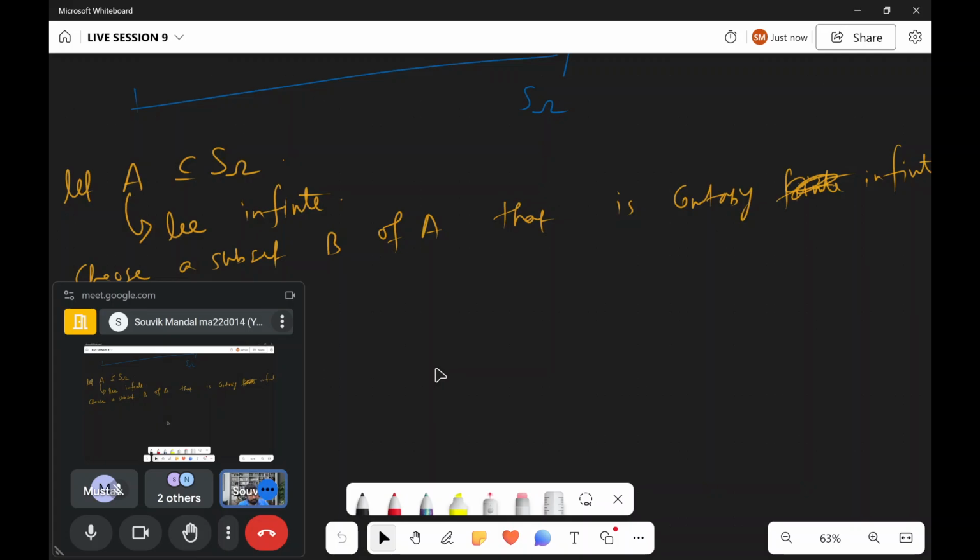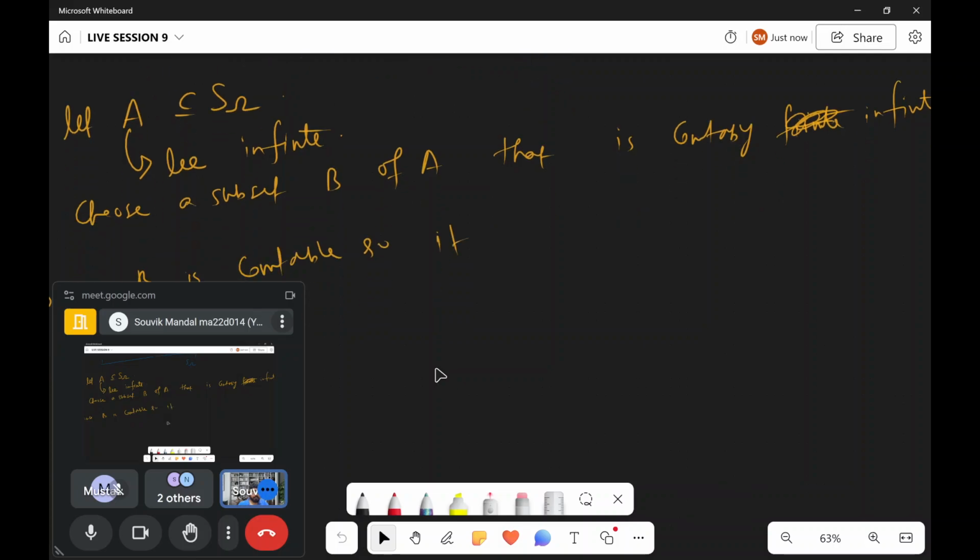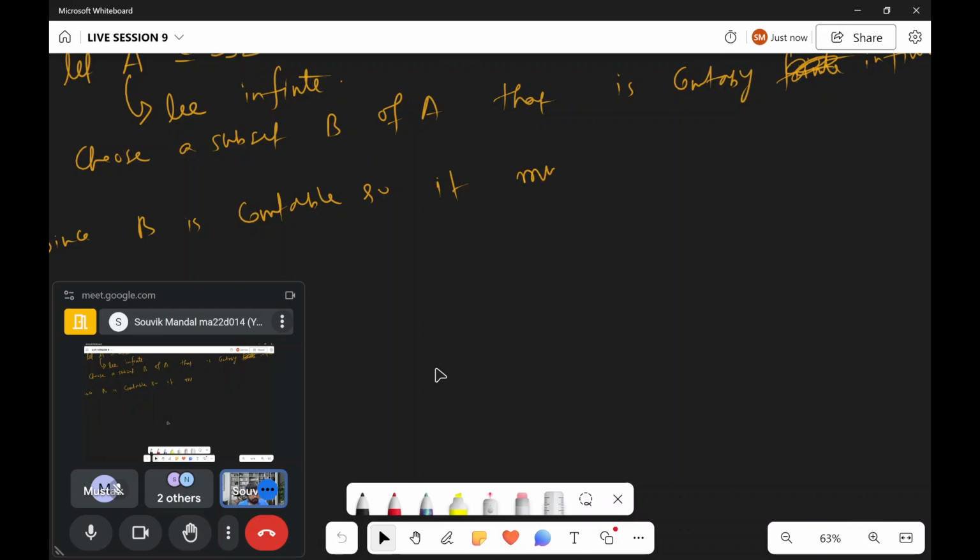Now since B is countable, it must have an upper bound. Correct. Since B is countable, it must have an upper bound.